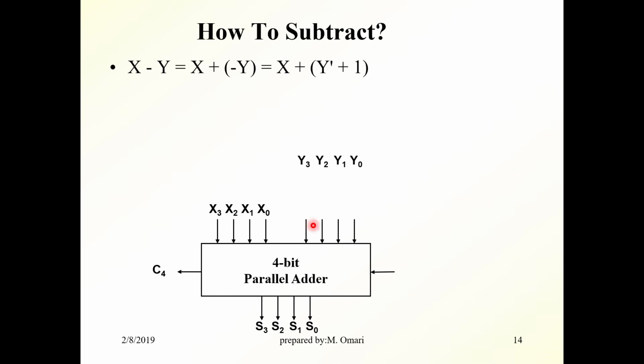So if we put here the first complement of Y, which is this, and we put here a 1, this adder will add the 2's complement of Y to X. So the result here, S, will be X minus Y. And this circuit will be a subtractor.